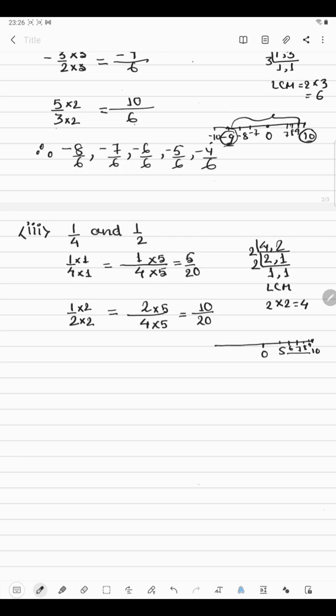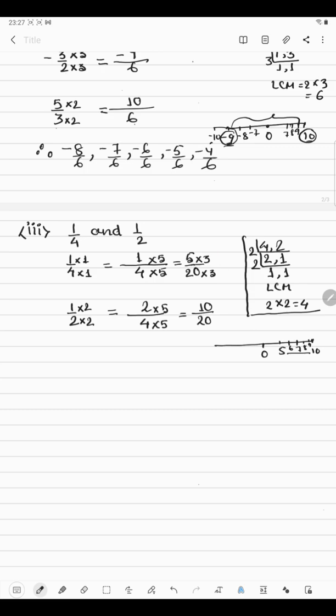So that means we need to multiply further. So what we will do, we will again multiply. Say I am multiplying by 3. If you take directly 10 to multiply with this, then we don't have to multiply further. Since I have taken 5 and I am not getting 5 rational numbers, so I have to multiply again.